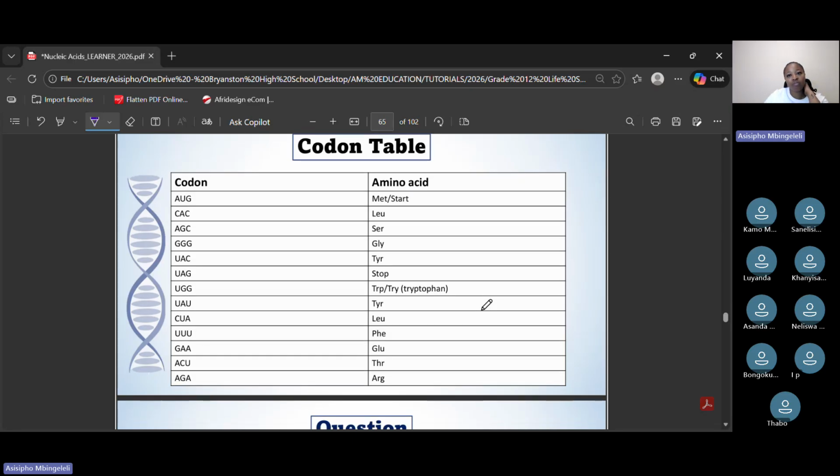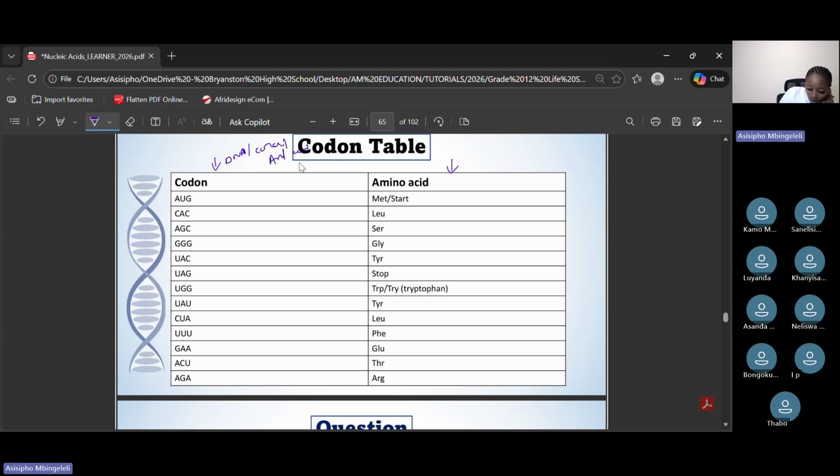This is the table of amino acids and you get given it in a test, so you don't need to cram anything. This table will normally have the name of the amino acids, and then on this side can either have the DNA triplets or the codons or the anticodons. You use what you are given.